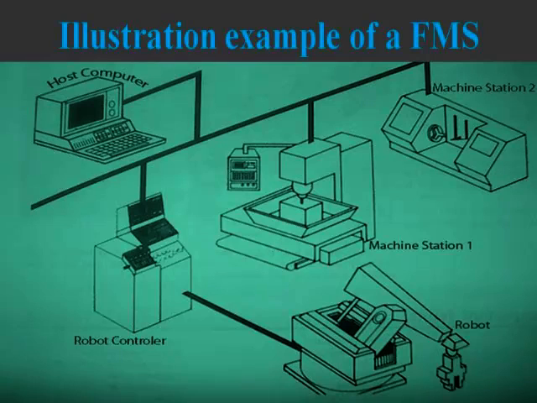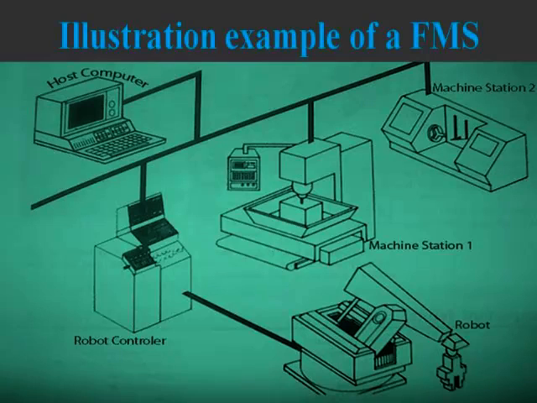This is also a linear kind of transfer of parts, but here a secondary material handling device is used. The parts are transferred from the primary material handling device, like a conveyor, to the machine by a secondary material handling device. It can be a robot or an automatic material transfer device, and the same device will unload the parts from the machine to the conveyor.